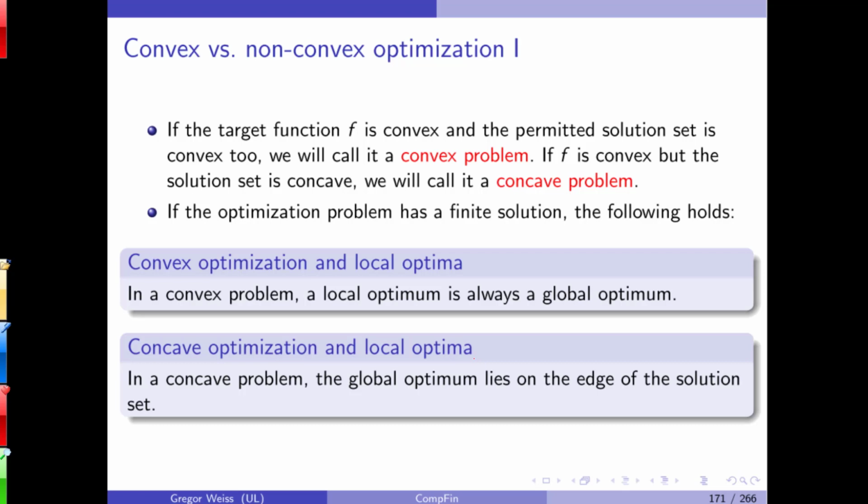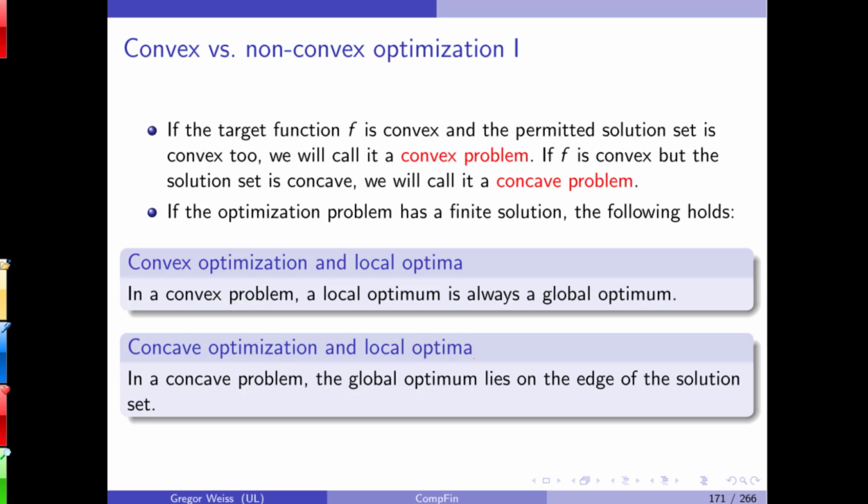Convex versus non-convex optimization. We still need to talk about the question when a local optimum is also a global one. And with convex functions, this is quite simple. If we have a target function, an objective function f, if f is convex and the permitted solution set is convex too, we will call it a convex problem.